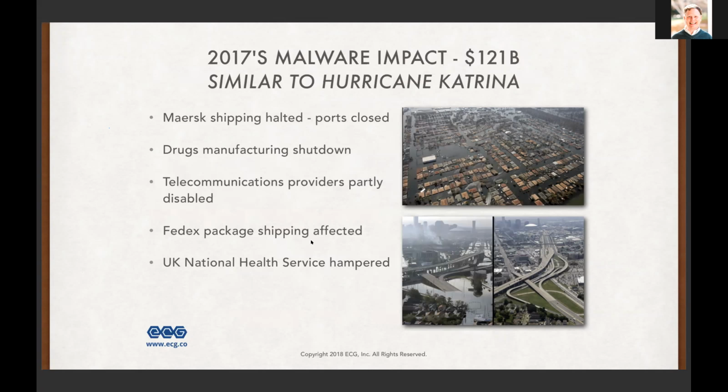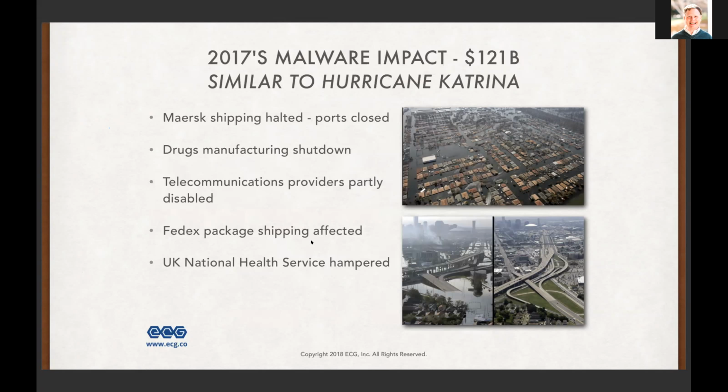There were some telecom providers partially disabled, notably Telefonica. Drug manufacturing was shut down. A lot of this was mentioned in the media, but not necessarily talked about a lot. Drugs, especially vaccine manufacturing, were shut down at some of the manufacturers, and it wasn't just at one site; in some cases it was happening across entire corporations.